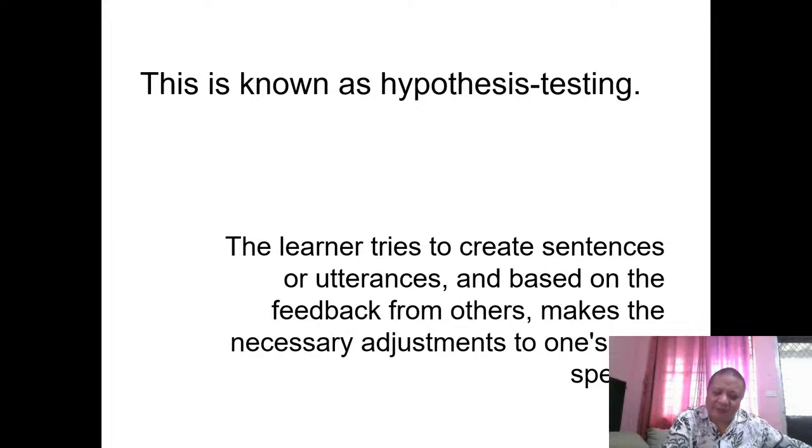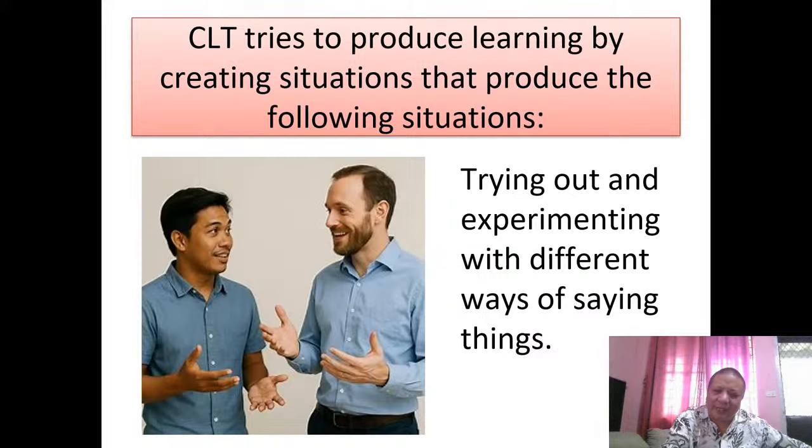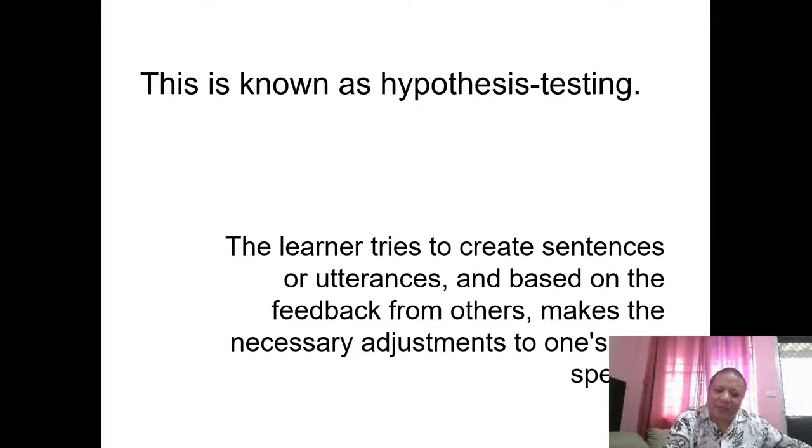That's hypothesis testing. Trying out and experimenting with different ways of saying things is hypothesis testing. You try to say something, you listen to the feedback of others, and based on the feedback, you adjust your speech.